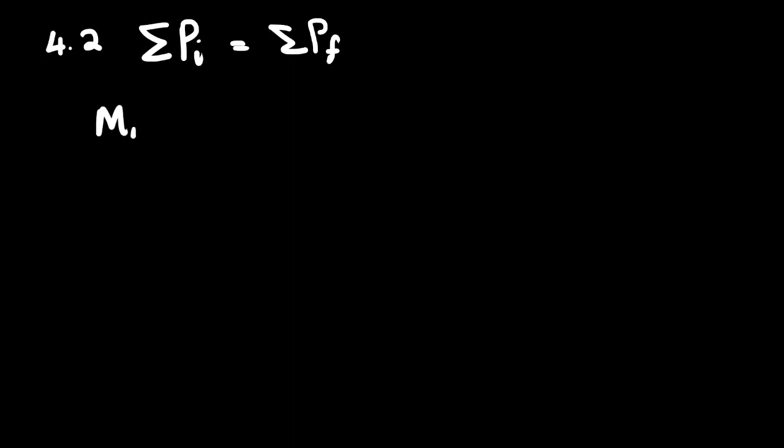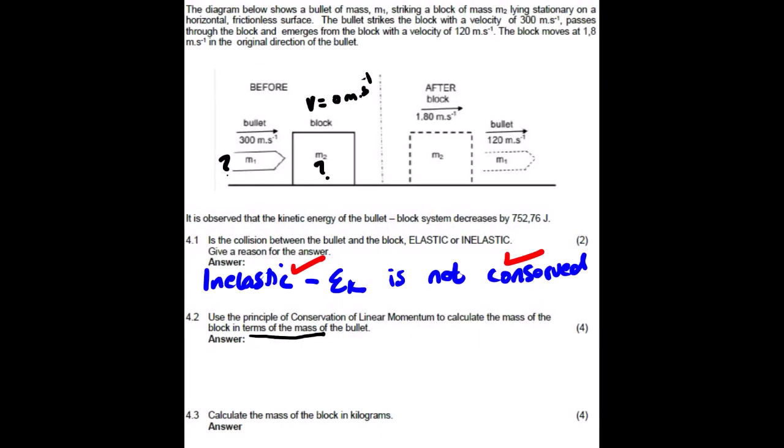Then we can go ahead: m1 v1i plus m2 v2i equals to... our situation here, it's not a stick together, so even after collision the two objects separated.